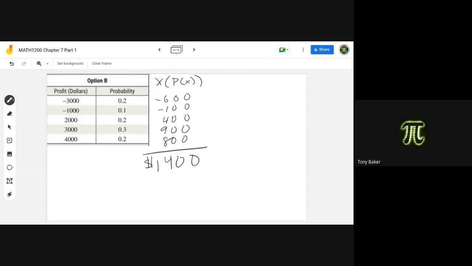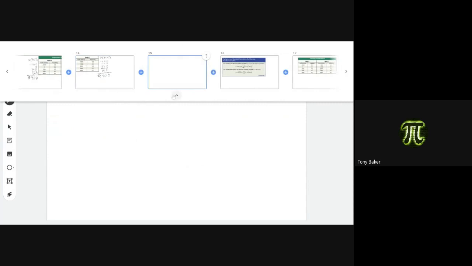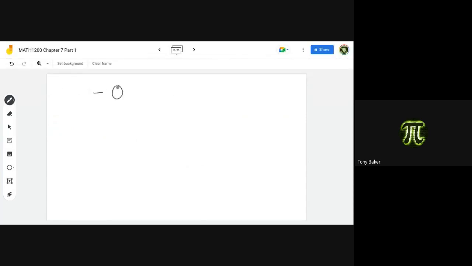So we remember we've talked about roulette. The expected value of roulette is negative 0.0526.